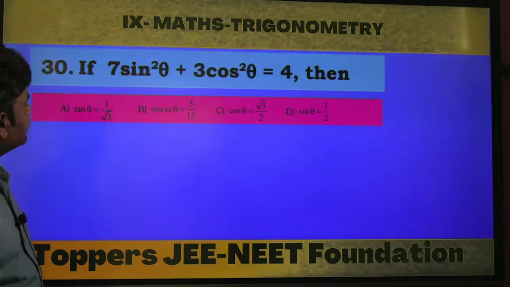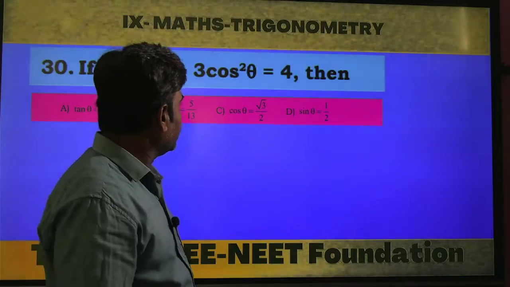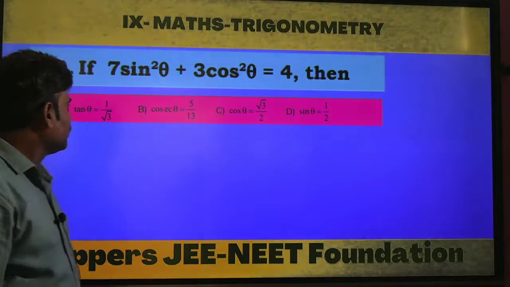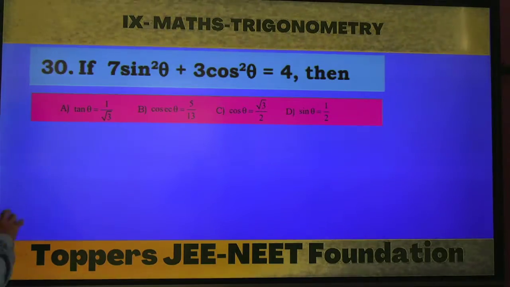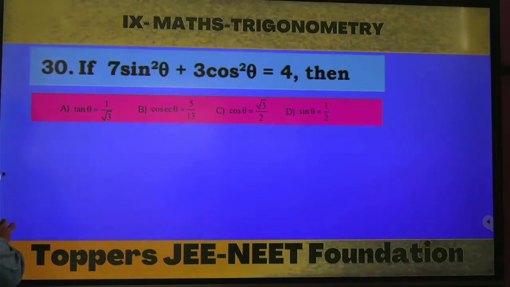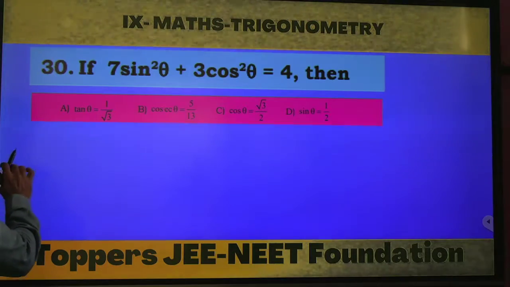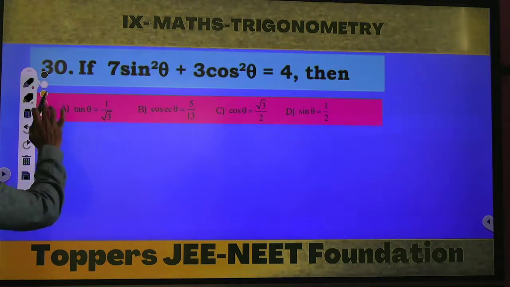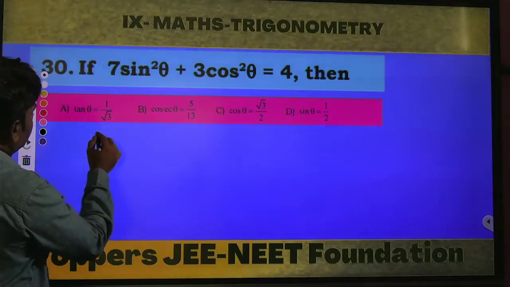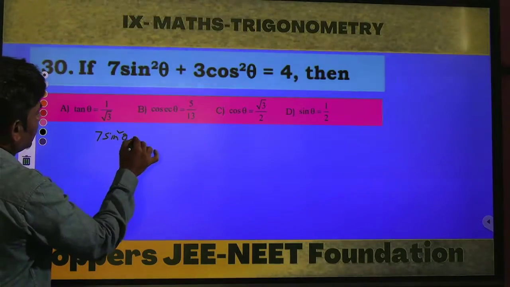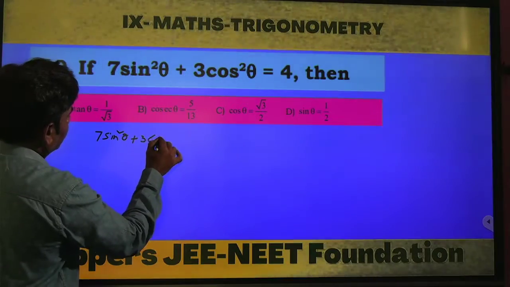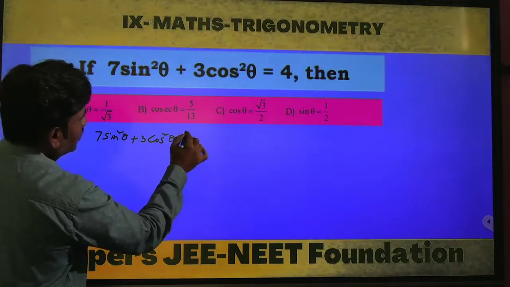If 7 sin square theta plus 3 cos square theta is equal to 4, then which of the following is correct? Let us check. Let us take the given thing: 7 sin square theta plus 3 cos square theta is equal to 4.